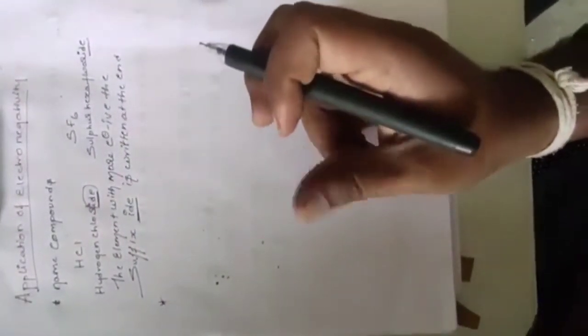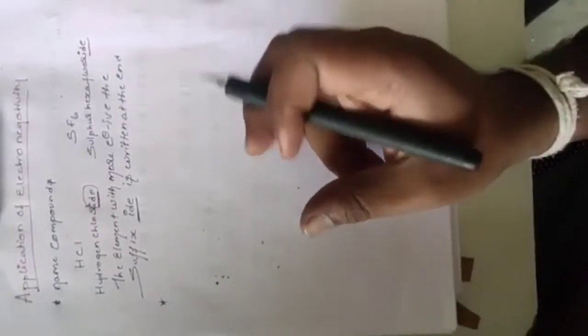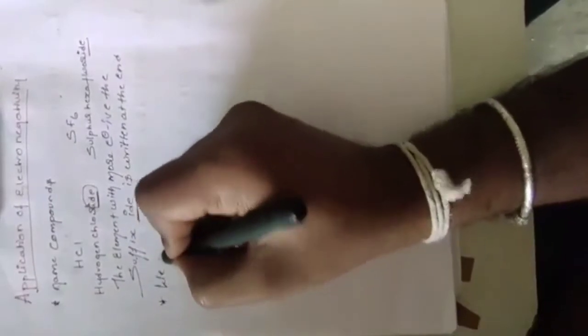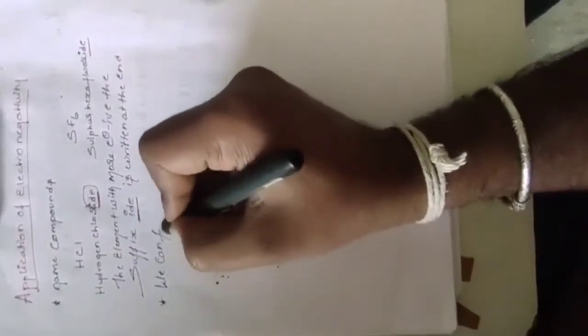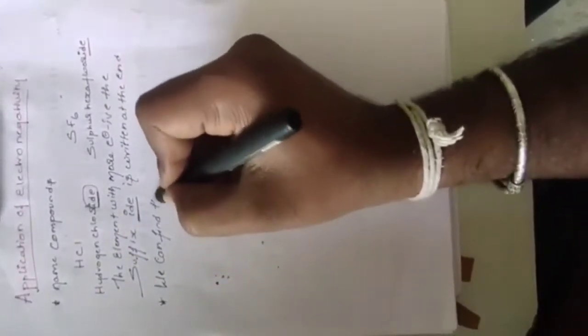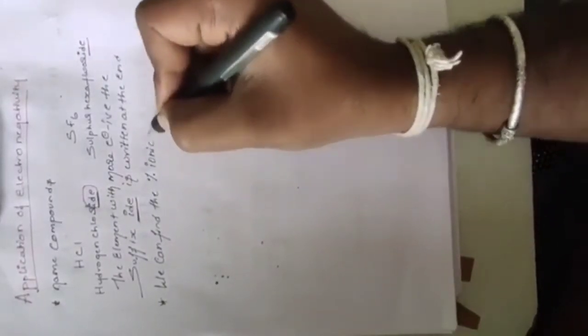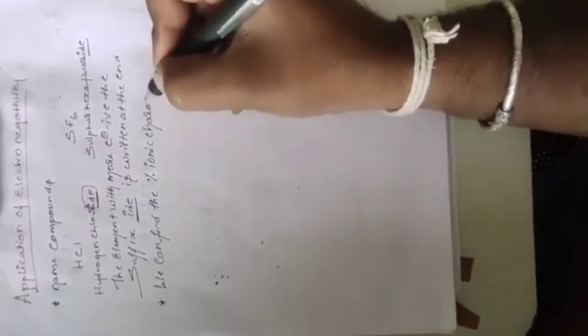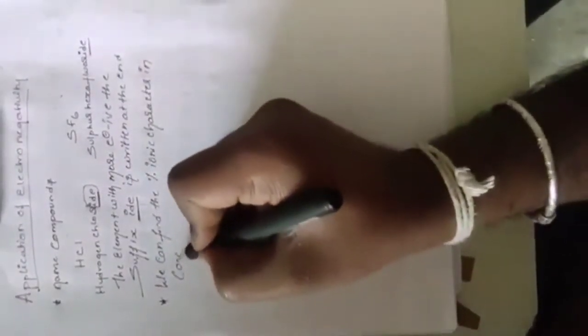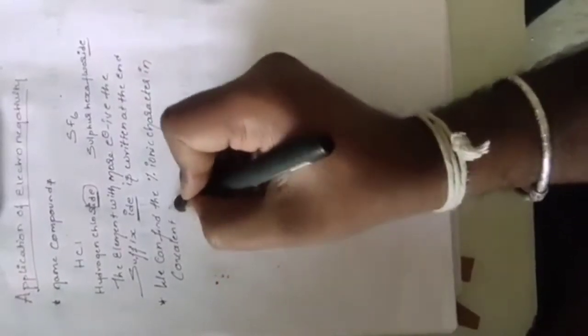Okay. Second point, we can find the percentage of ionic character in a covalent bond.